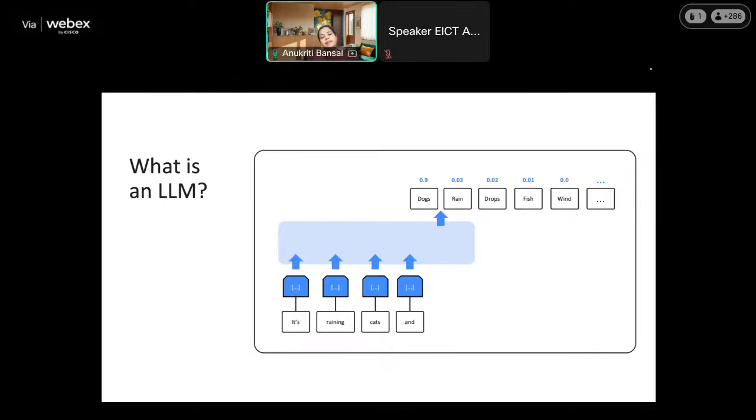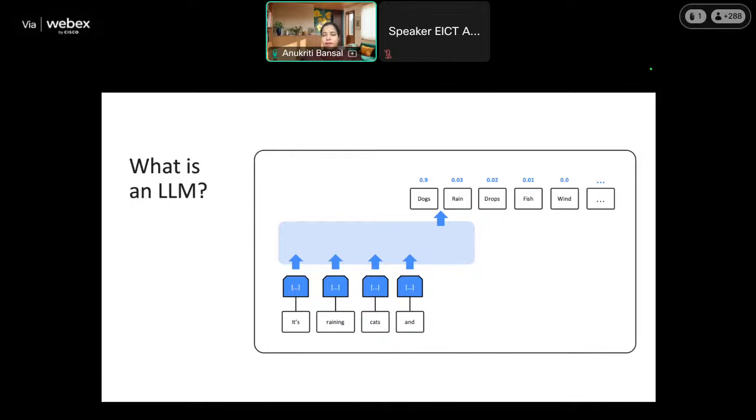Now, once we understand generative AI, let's focus. This is a very basic definition of large language models, but we will talk more about it in detail. What do we understand by large language models?